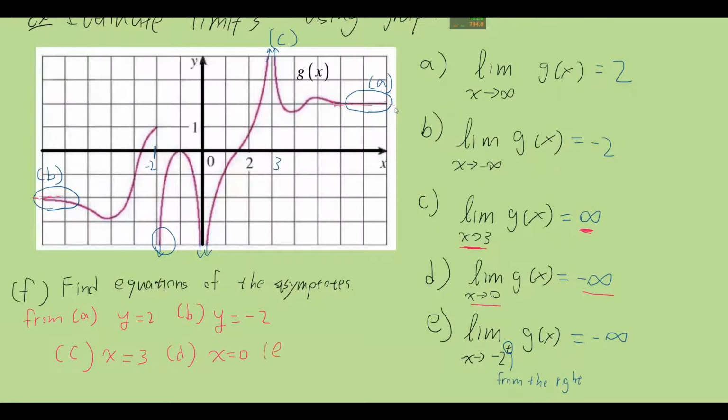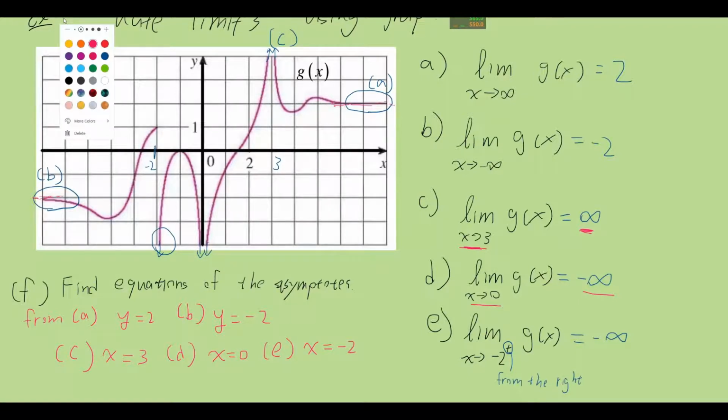Part E, we have the limit as x approaches negative 2 from the right. Now remember, we just need at least one limit that gives us negative infinity or positive infinity to identify a vertical asymptote. So in this case, we can say that yes, x equals negative 2 is also a vertical asymptote.